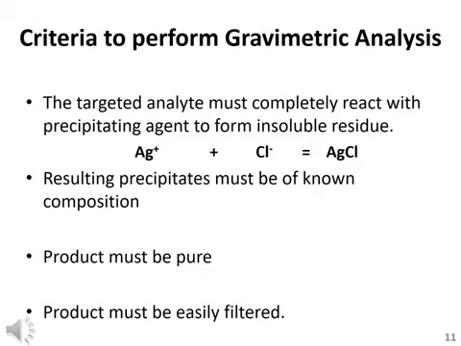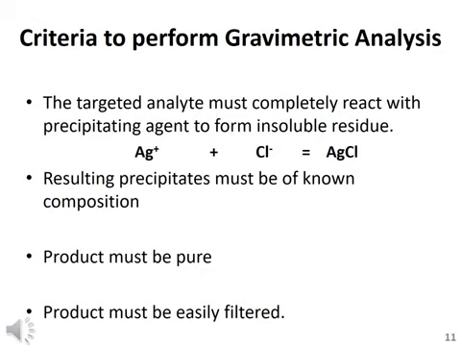It means the analyte that you are going to analyze, that targeted compound, must be completely ionized into the solution. And if that compound is available in the ionized form, then this ionized form will react with the precipitating agent completely to form a solid insoluble residue.